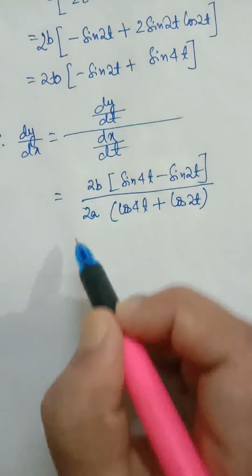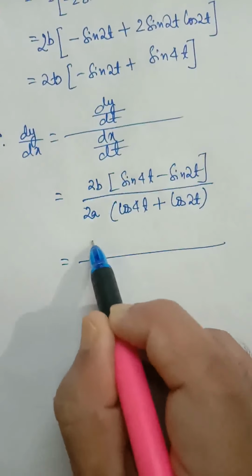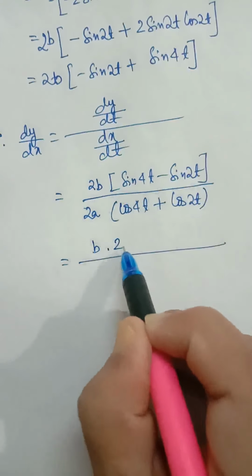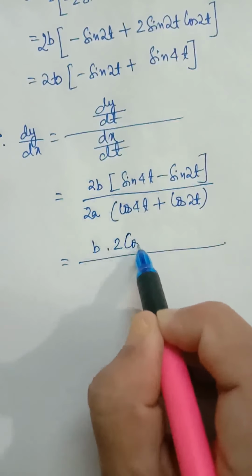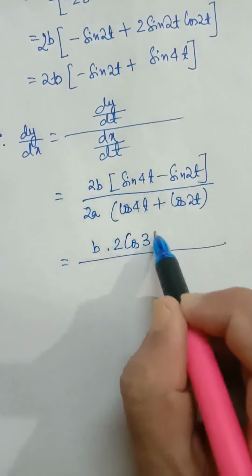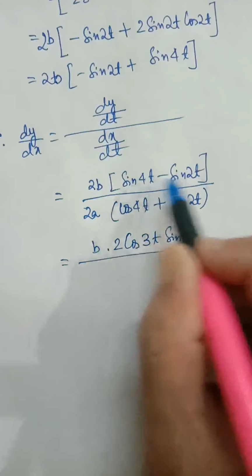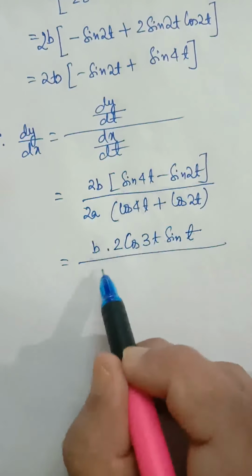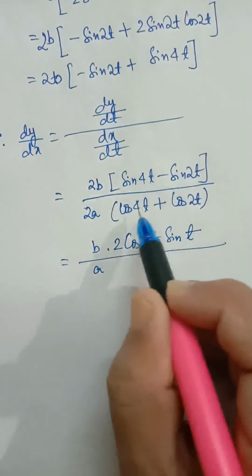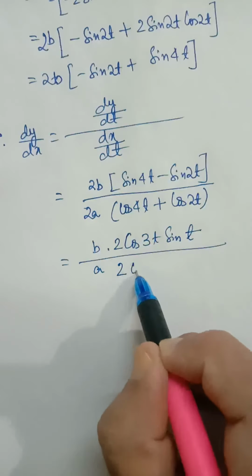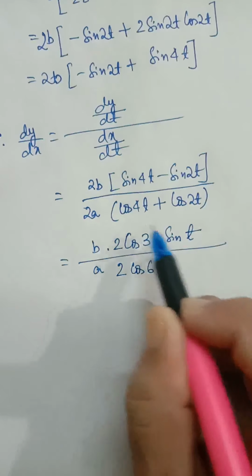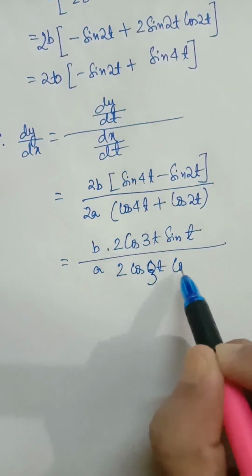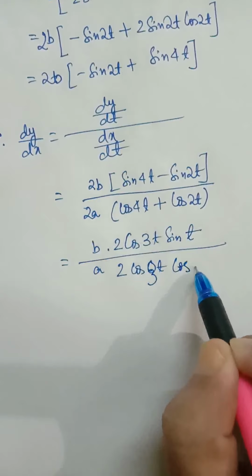We can cancel 2, this will be b into, applying sin c minus sin d here, 2 cos (c plus d)/2 sin (c minus d)/2, this will be sin of t. And similarly a into cos c plus cos d will be 2 cos (c plus d)/2 cos (c minus d)/2, this will be 3t, and this will be cos of t.